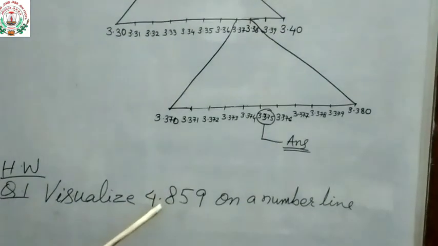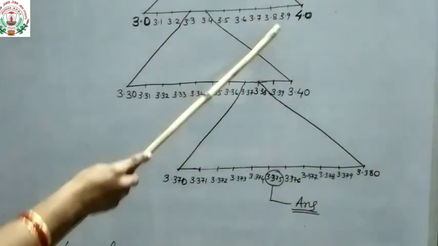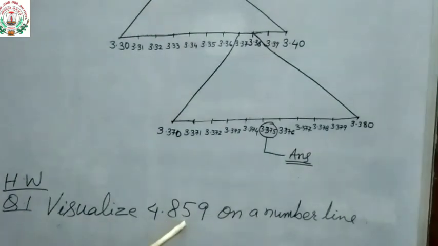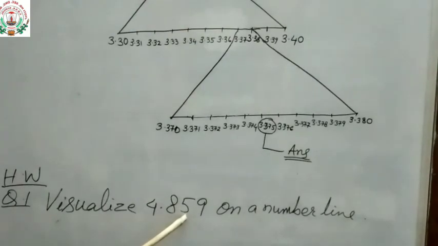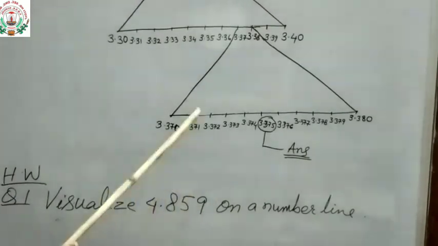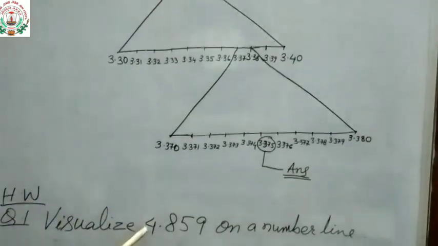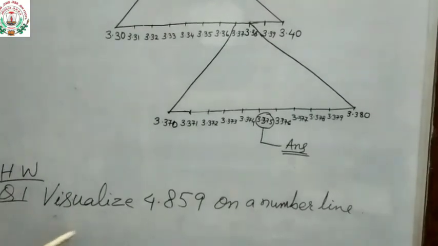After that, the decimal digit 8 means you have to draw between 8 and 9. Again between 5 and 6. And then you will get this value. Okay, likewise you have to draw this. Okay, understood? If you have any doubt, you will ask. Okay.